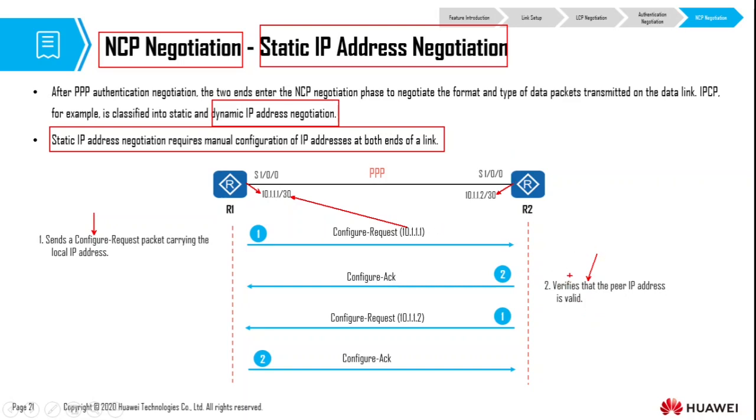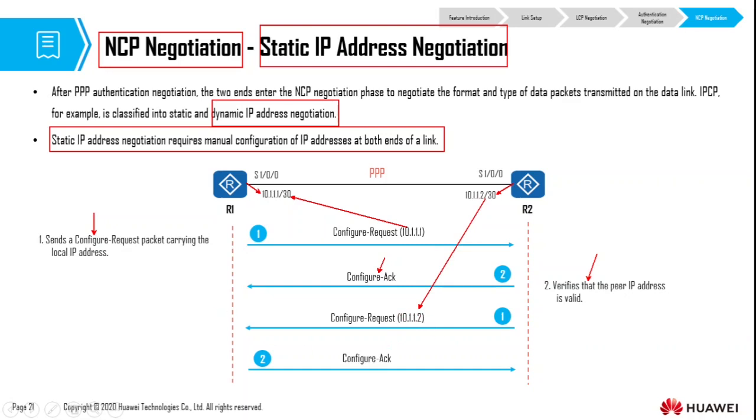Now, if that is the case, it's unicast and it does not conflict with any other IP address, then it's going to send a configure acknowledgement packet. After R1 receives the configure acknowledgement packet, R2 is also going to send a configure request with its own IP address, saying if you want to reach me, please reach me by 10.1.1.2.